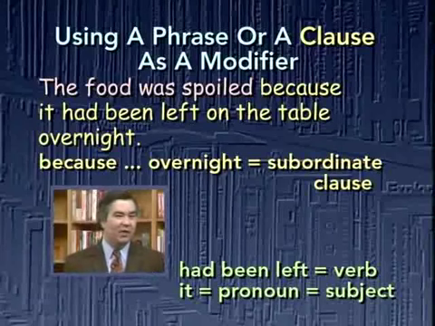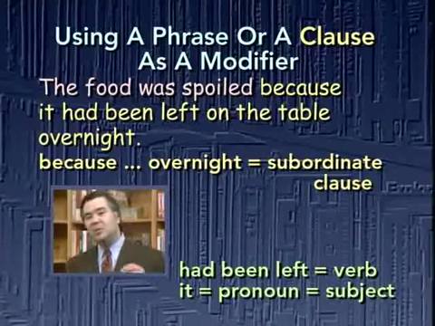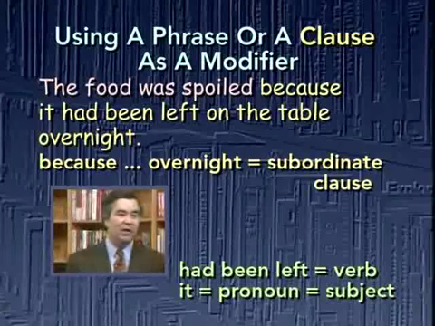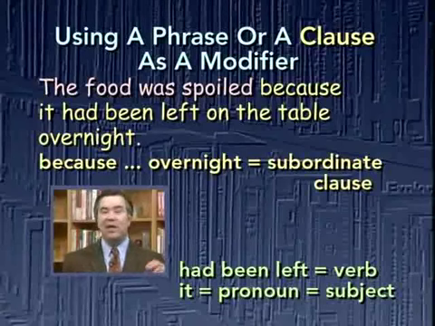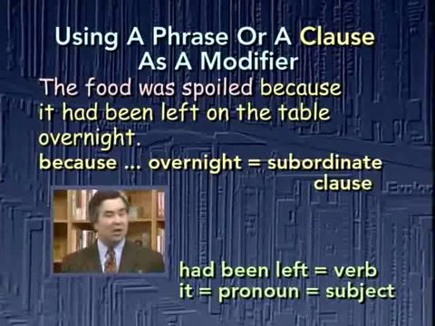Because it had been left on the table overnight, that all explains why the food was spoiled. Therefore, this subordinate clause is acting as a kind of adverb. It's giving more information about, or modifying, the verb was spoiled. So here we have an entire clause acting as an adverb, acting as a modifier.